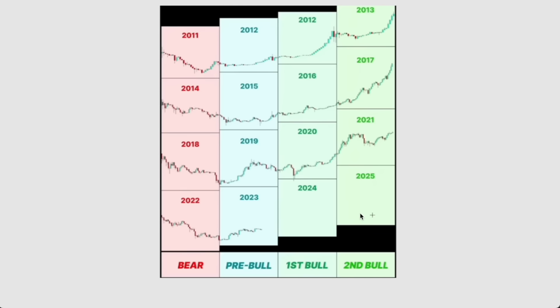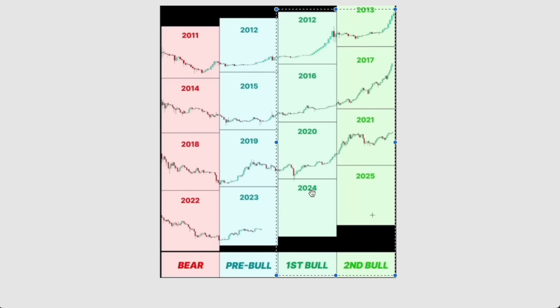Nonetheless, this schematic can be a useful cheat sheet for 2024 and beyond, because it helps us understand that we're only in the very first phase of the bull market. It's in the first half of this phase where things have typically geared up and prepared for an uninterrupted uptrend.